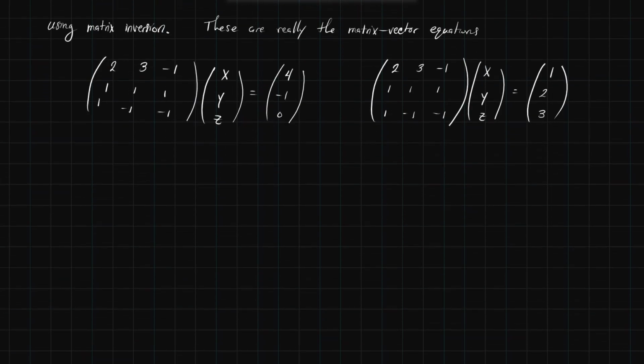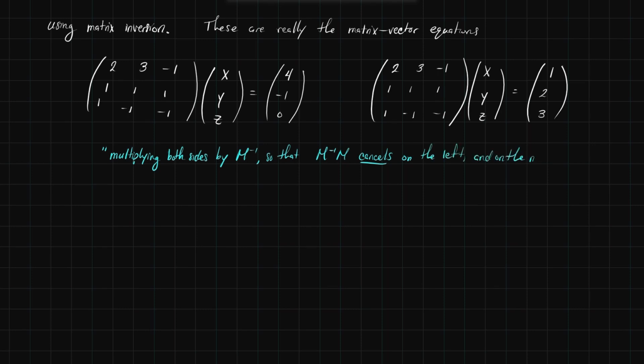And I didn't quite make this super clear, but one reason why we can think about matrix inverses as solving this equation is you can think about multiplying both sides by M inverse so that M inverse M cancels on the left, and on the right we have M inverse against the vector that we care about.